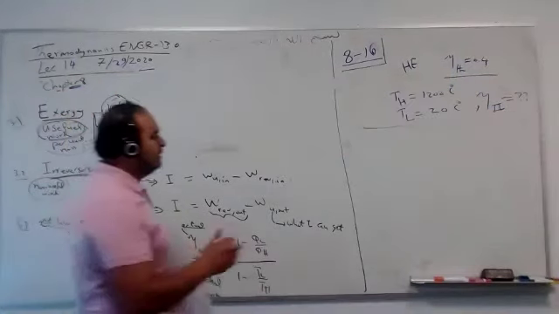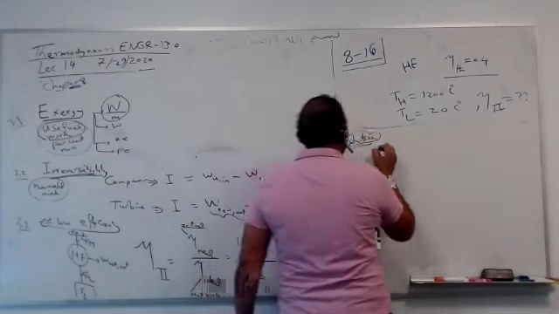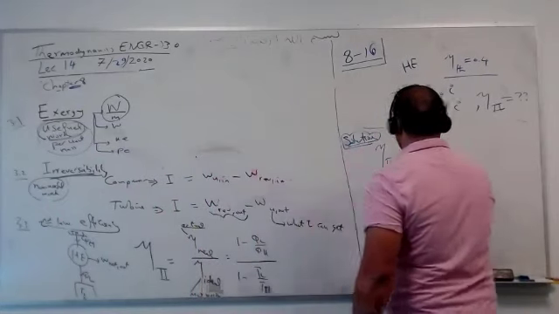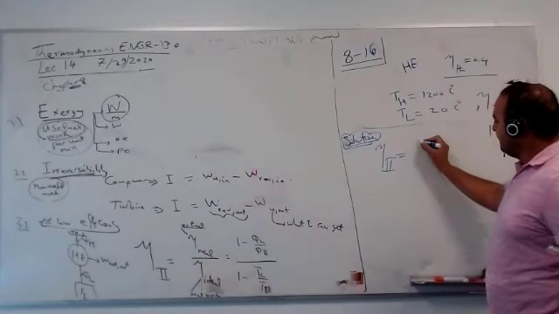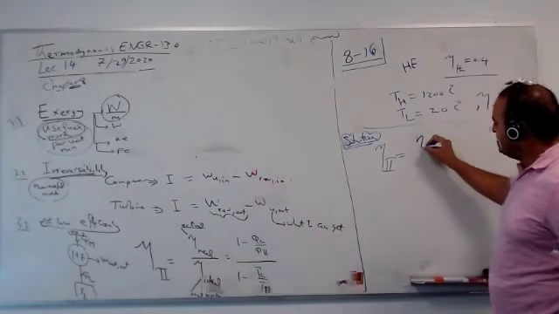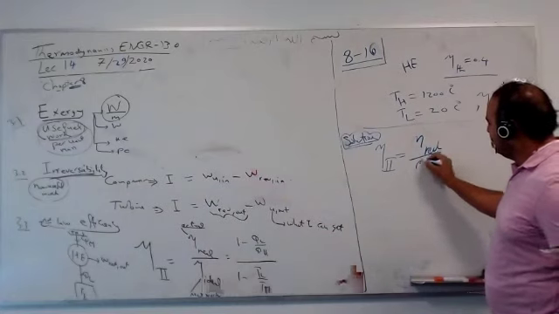So somebody can tell me what are these? Eta double I is equal to what? Eta real over eta ideal.